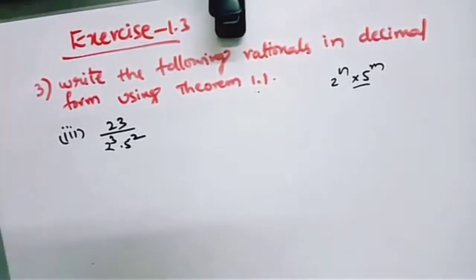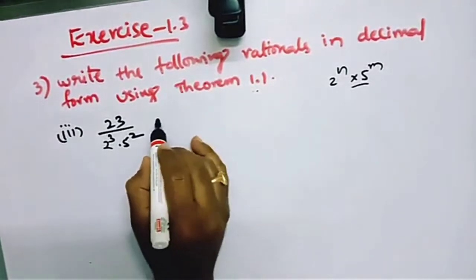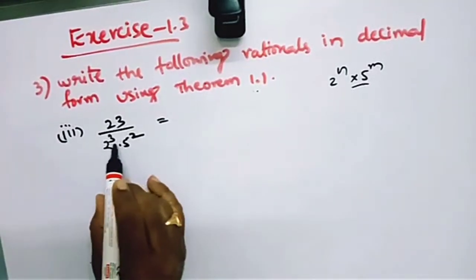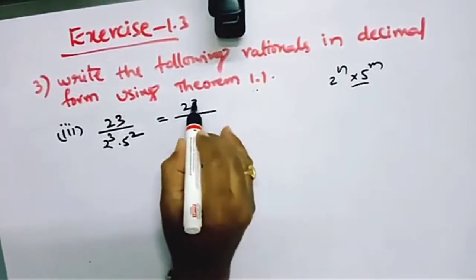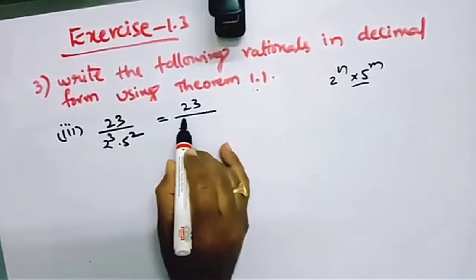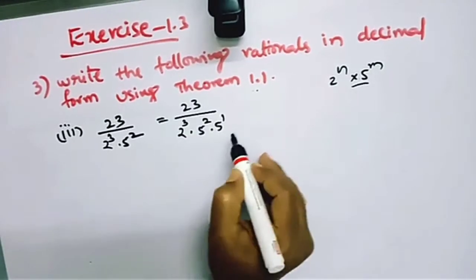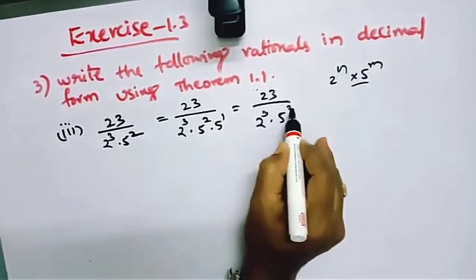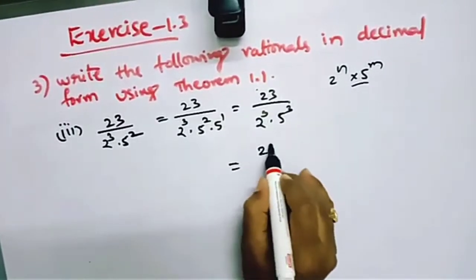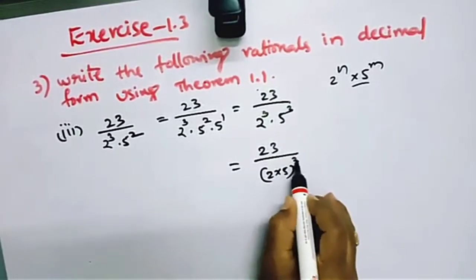Third one: 23 by 2 power cube into 5 power square. So the powers are not equal: I mean 2 power cube and 5 square there. So we require one more 5. So 23 by 2 power cube into 5 power square, and we require one more 5 power 1. Then it becomes 23 by 2 power cube into 5 power cube. Now you can write as 23 by 2 times 5 whole power cube.